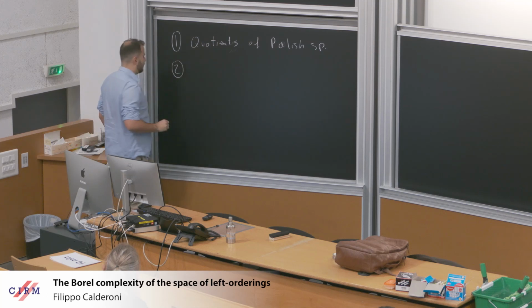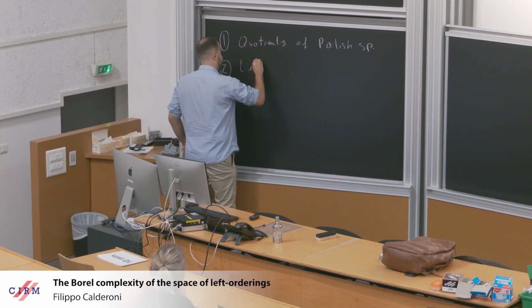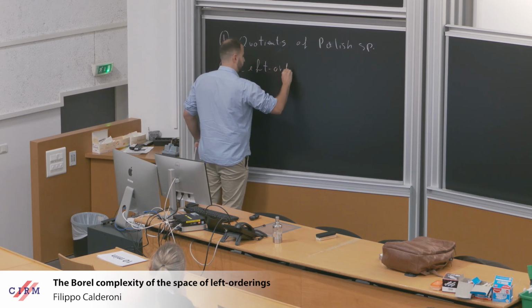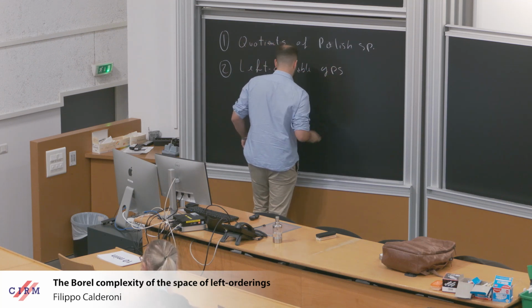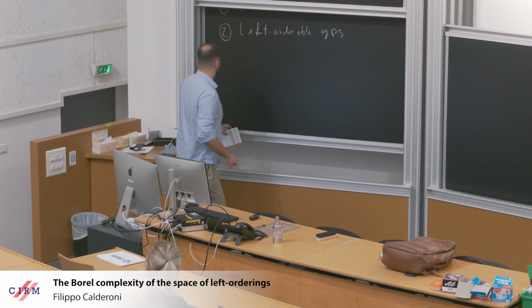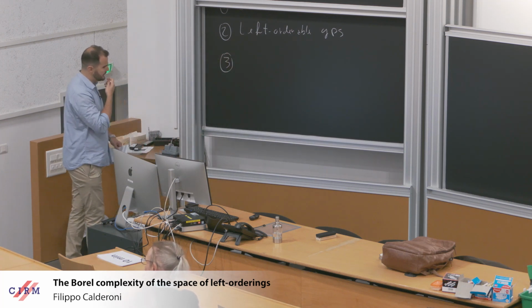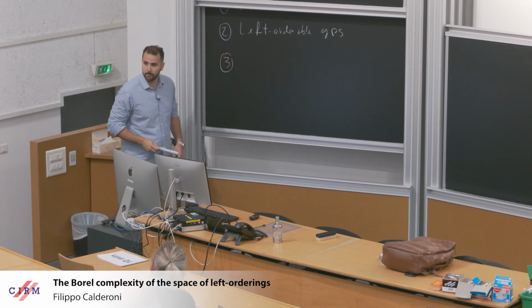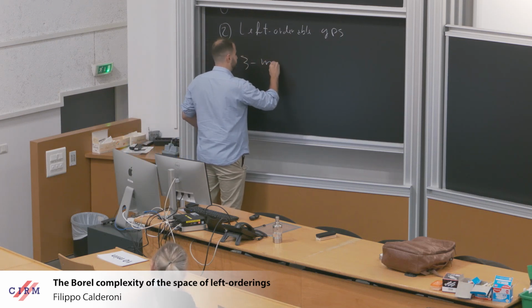Second, I want to talk about some area of group theory dealing with left orderable groups. And third part of the talk, I will talk about some interaction with geometric topology, and in particular with the theory of three manifolds.